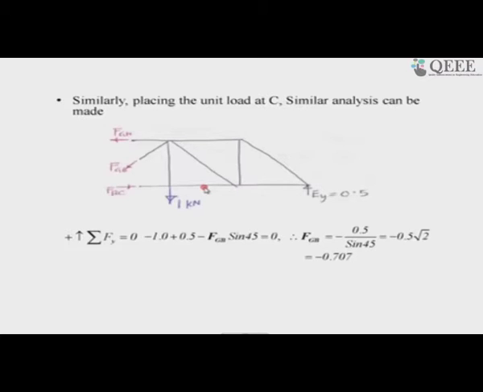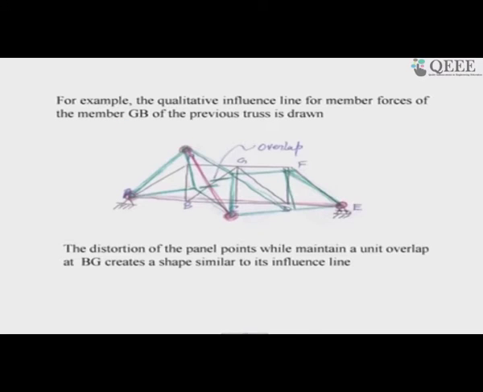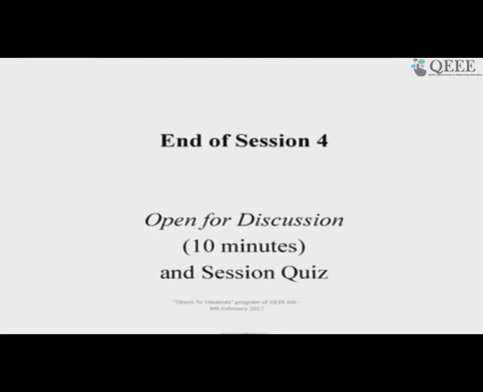That means the only possibility of the unit load meeting the truss is at the joints, and that is how solution of the joints and the sections gives us a solution for the influence lines. We have done this analytically by computation, and then the Muller-Breslau principle has also given the same shape, and that is the end of the session.